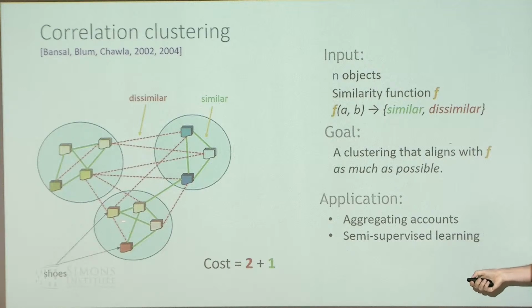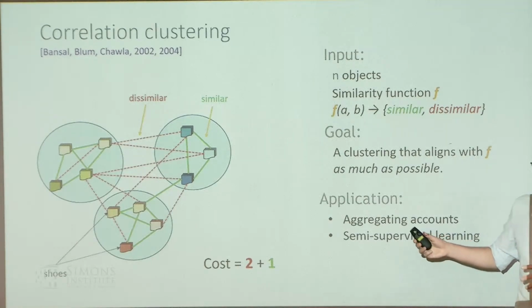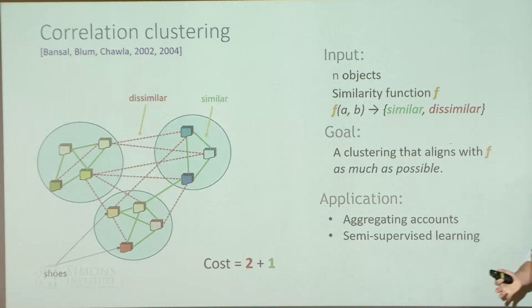Now, if you get this cluster and I tell you that these two objects are shoes, it's fair to assume that all the objects in this cluster have something to do with shoes. So these are two applications, and one of the reasons why people care a lot about this problem in practice as well. I like this as a problem in theory. I think it has very nice structure, but people in practice like this problem as well.